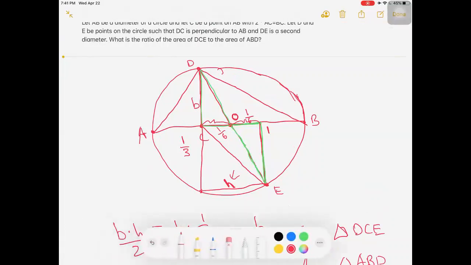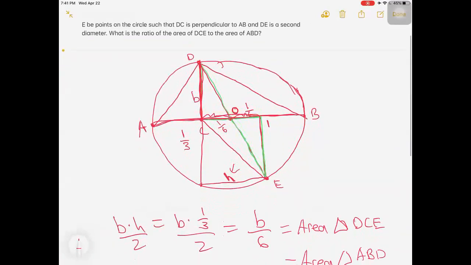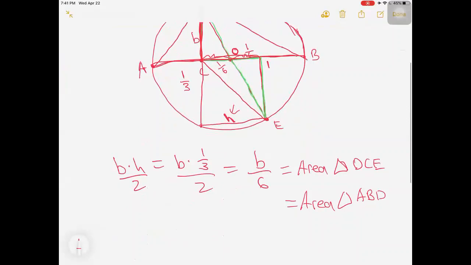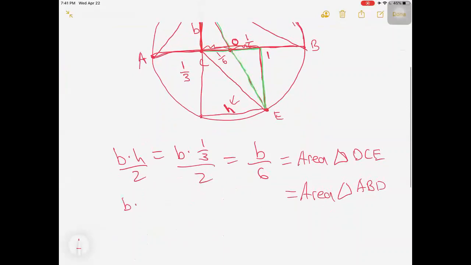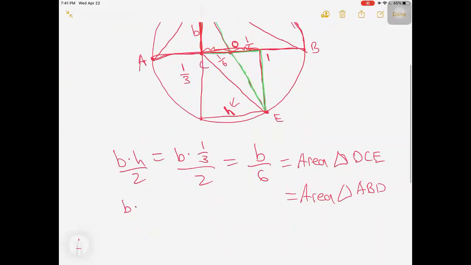One sec. Length B is going to be the height of our triangle, and length AB is going to be the base. So to find the area of ABD, we just have B times the base, which is 1, and you divide by 2. So it's just B over 2.